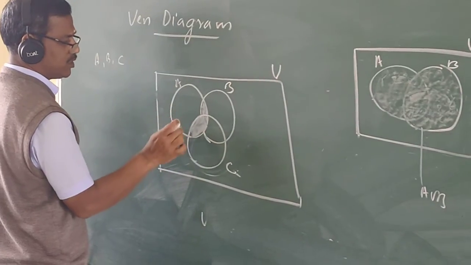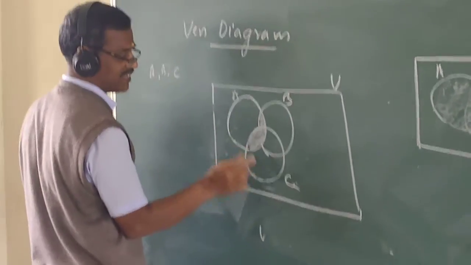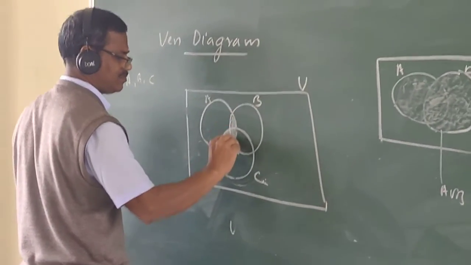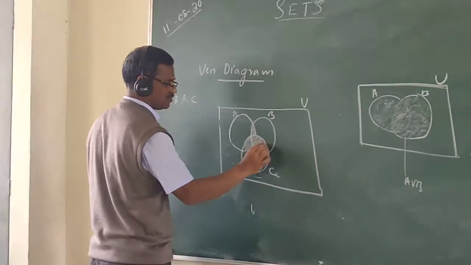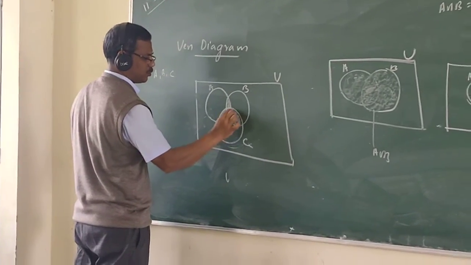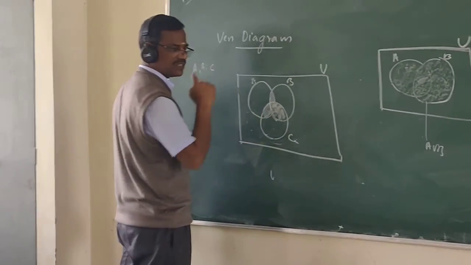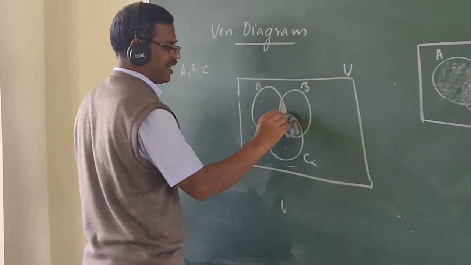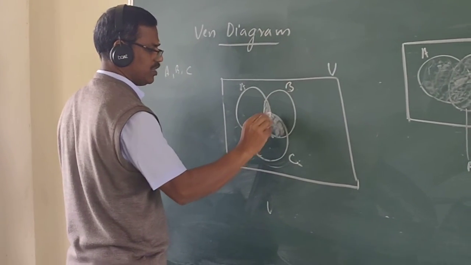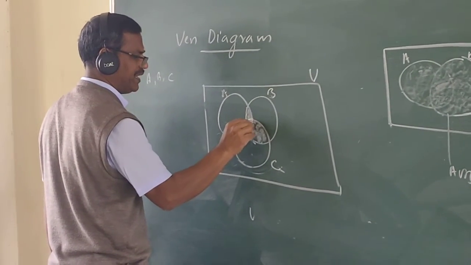This is the common portion for A and C. So we can call it A intersection C. And what is this portion? This portion is the common portion for B and C. We call it B intersection C. And what about this portion alone? This is the common portion for A, B and C.